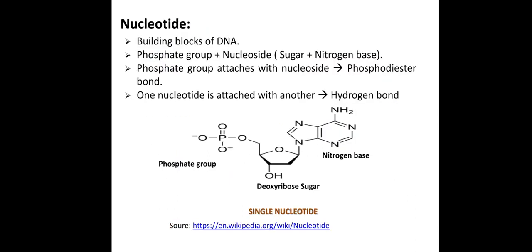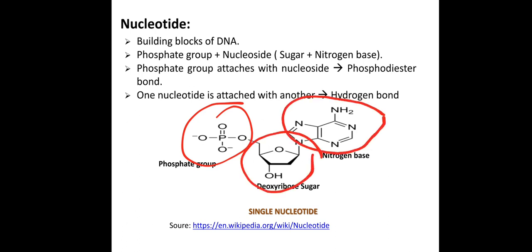Okay, then the next one is a nucleotide. We saw nucleoside, that is pentose sugar plus a nitrogenous base. When this nucleoside undergoes esterification with phosphoric acid, that is H3PO4, then it is called a nucleotide, and each nucleotide contains one phosphate group, a deoxyribose sugar, and a nitrogenous base.